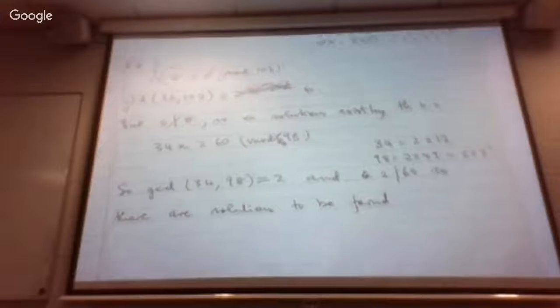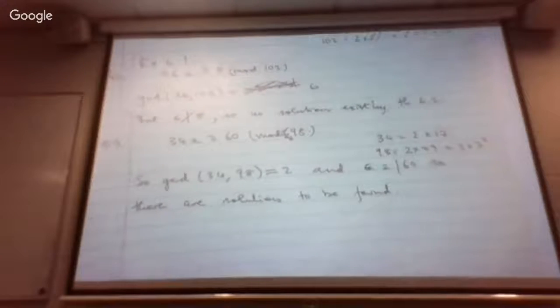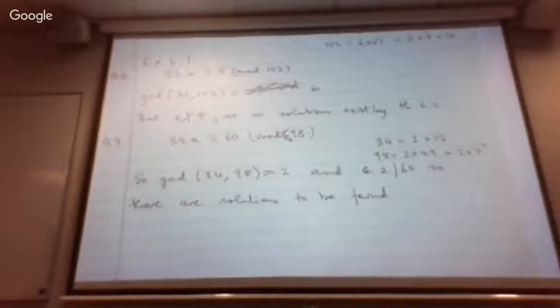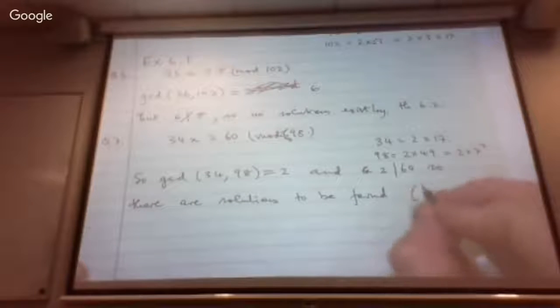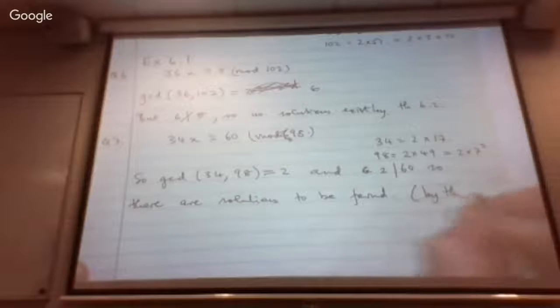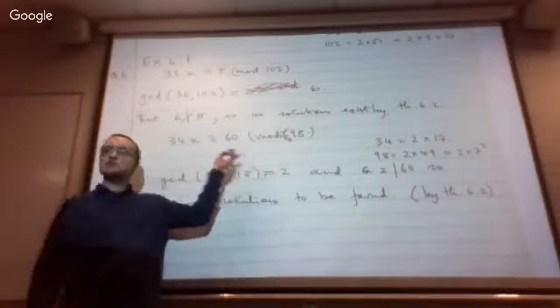Okay, so we've got a very good criterion for the existence of solutions, whether that GCD divides the constant term. So again, that's by theorem 6.2. And then we use theorem 6.3. That specifies completely what the solutions will be. So we're looking for a number. How many solutions?